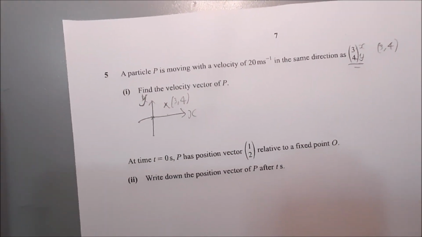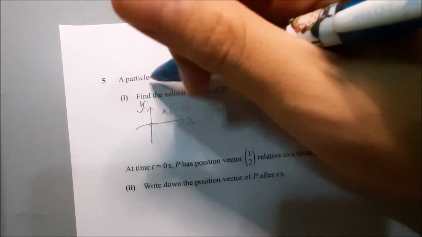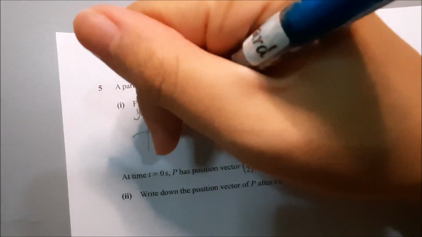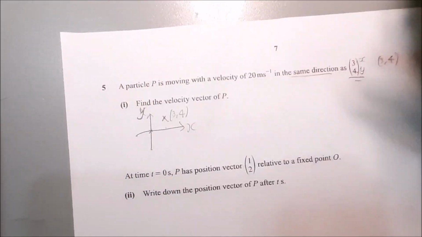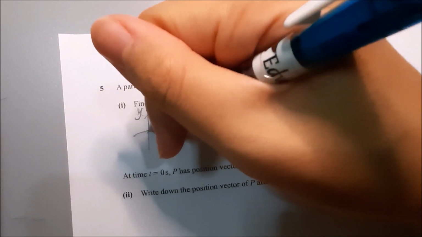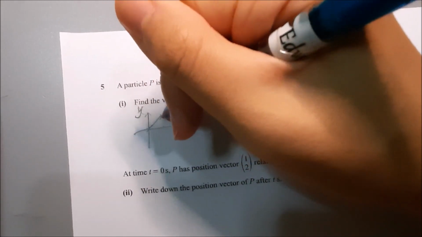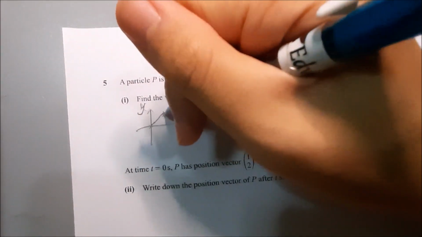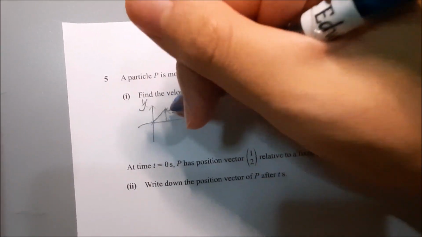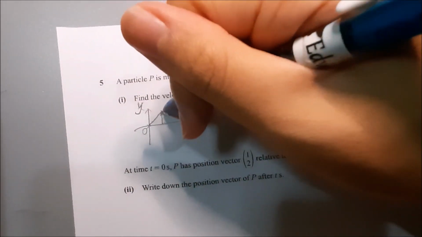So if a particle is moving in the same direction as this vector column 3, 4, it means that the particle is moving in the same direction as the vector column from the point of origin, which is 0, 0 to 3, 4.